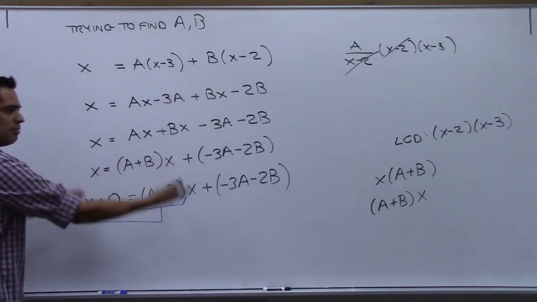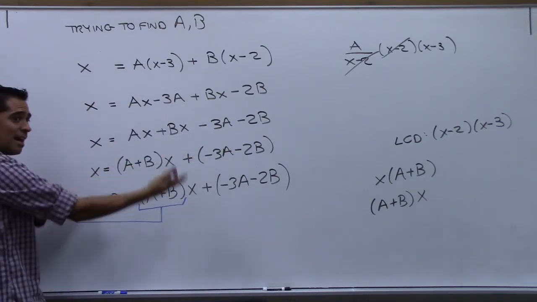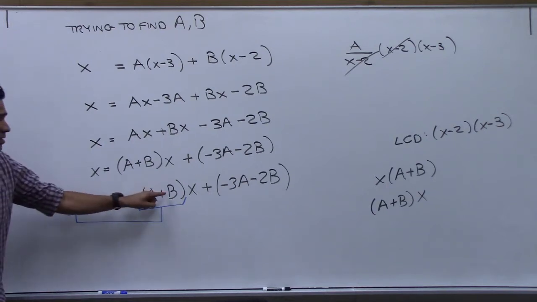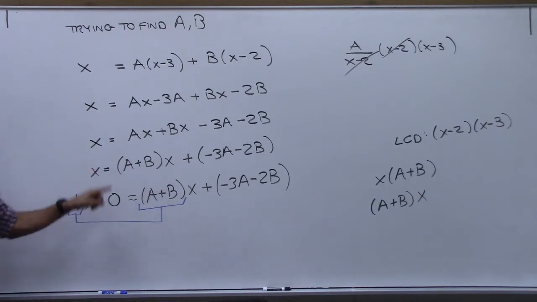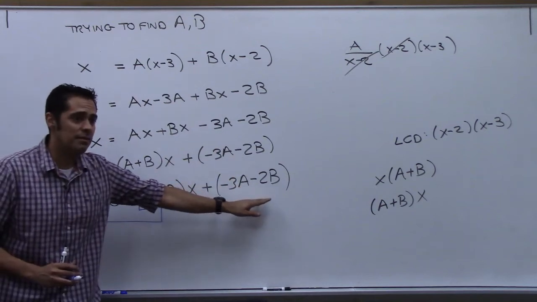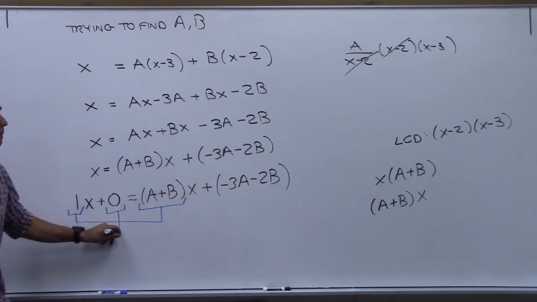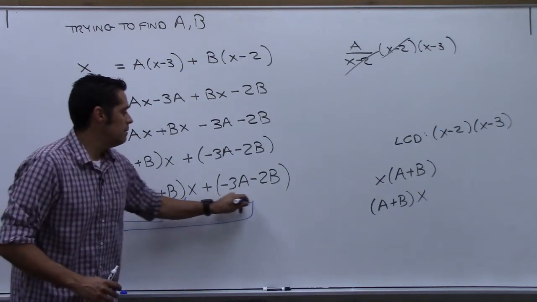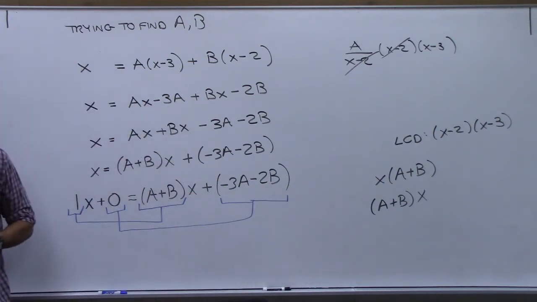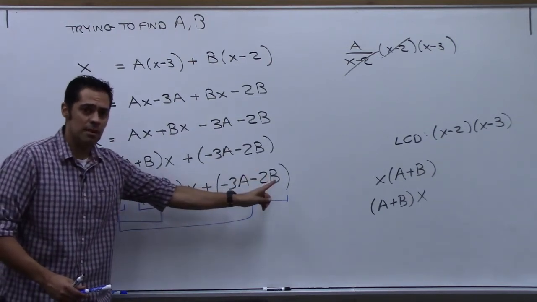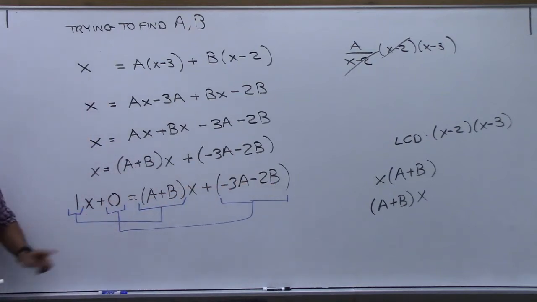If this is an equation, both sides are exactly the same, the coefficient of x here must equal the coefficient of x here. The number by itself must match the number by itself. So a plus b must equal 1, right? A plus b must equal 1, and negative 3a minus 2b must equal 0.